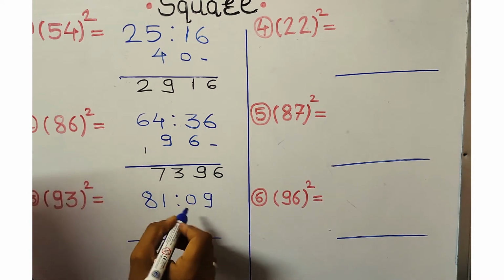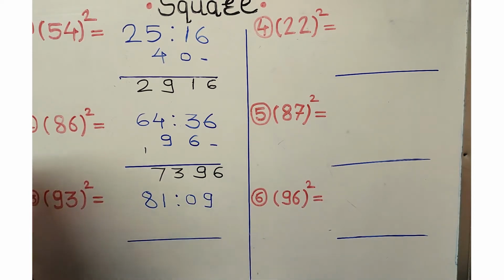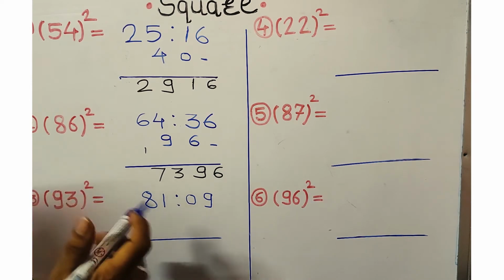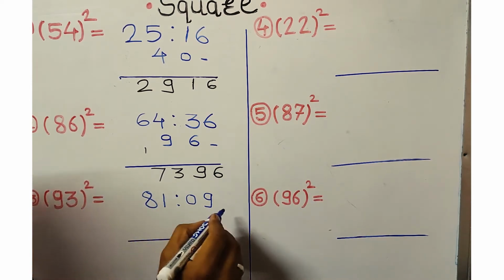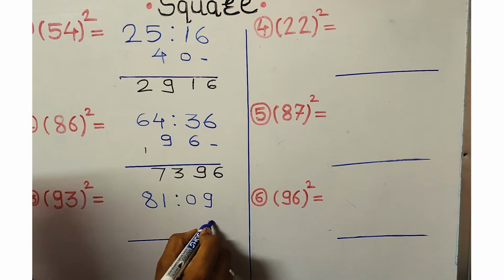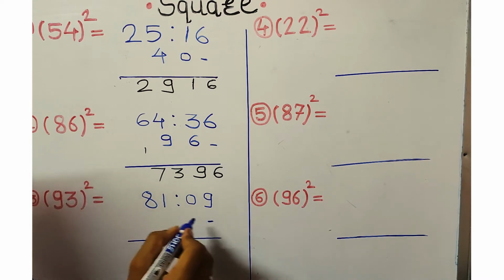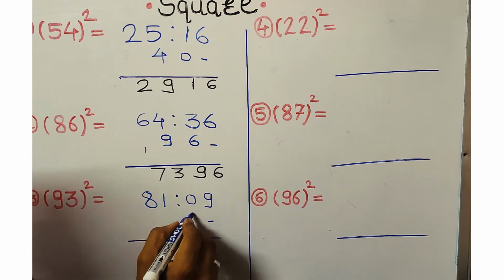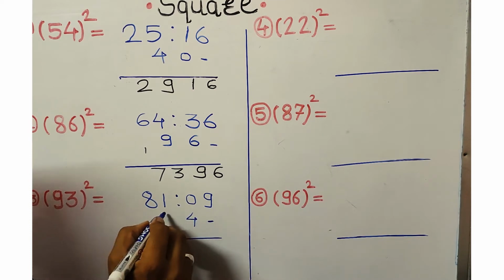Write 9 in this way, 0, 9. In the next step, multiply 9 with 3. 9 threes are 27, double of 27 is 54. Again we write it with the unit place vacant. Write 54 in this way.